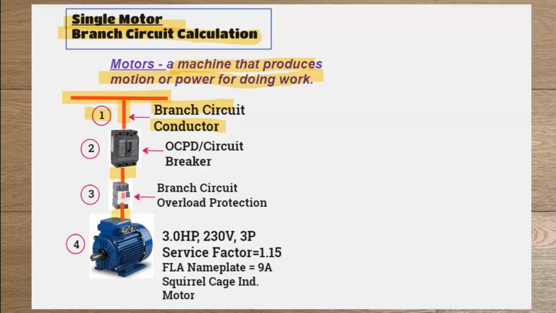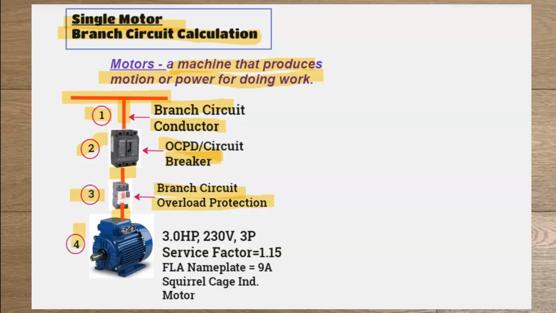And then sa number 2, meron tayong OCPD, or known as circuit breaker, or branch circuit, short circuit, and ground fault protection. Itong number 3, this is the branch circuit for overload protection.